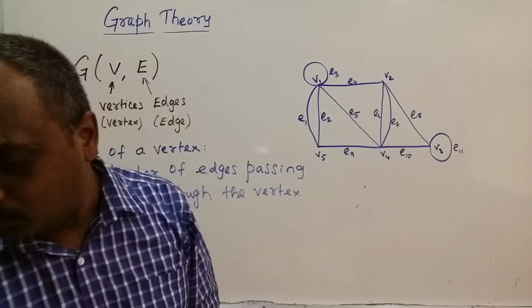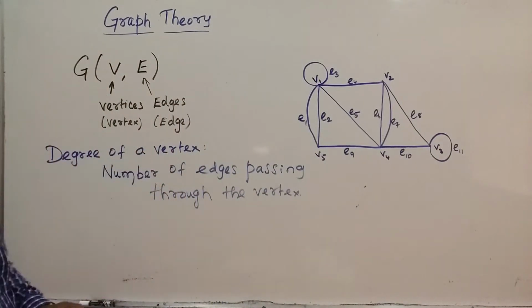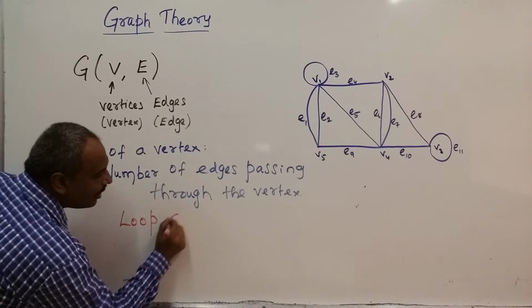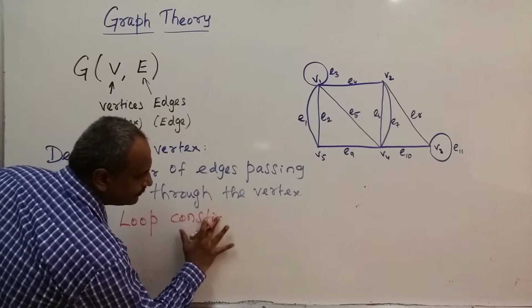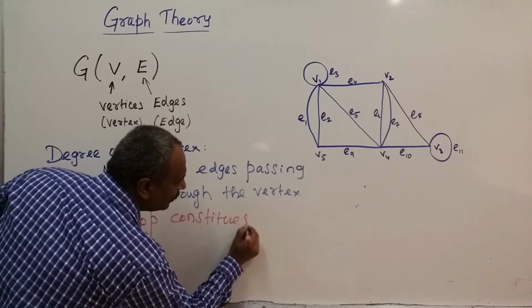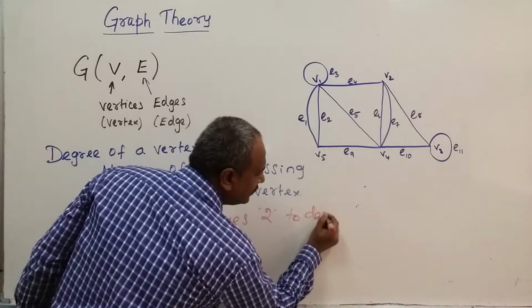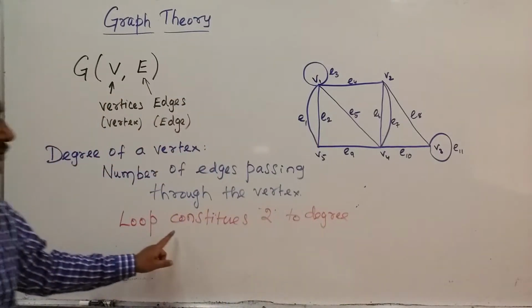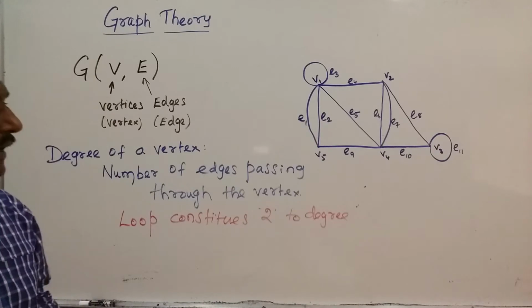For the degree of a vertex, in general, a loop contributes 2 to the degree. This is the basic idea.